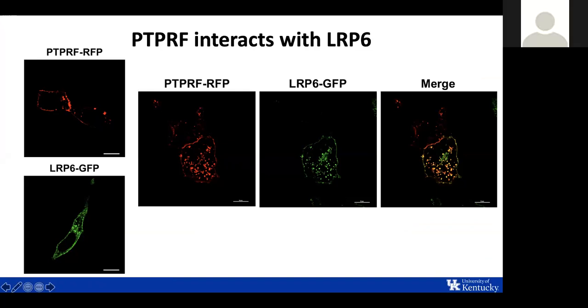Yeah. So did you tag your RFP at the C terminus of RF? Yes. Okay. I've read a paper published in JBC in 2007, and the team identified another cleavage event happening to PTPRF between the transmembrane and the D1.